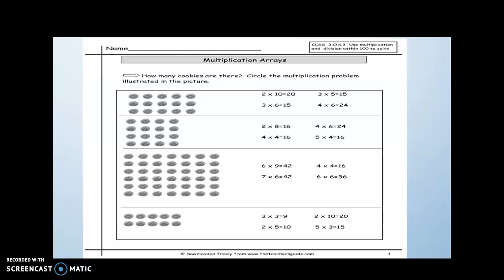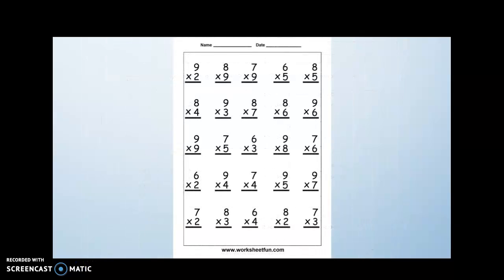That's correct, Darius. There are a total of 10 cookies because we see 2 columns and we see 5 columns, and 2 rows. Awesome job, class. These are in-class multiplication that I want you guys to do, and I will give you 5 minutes.